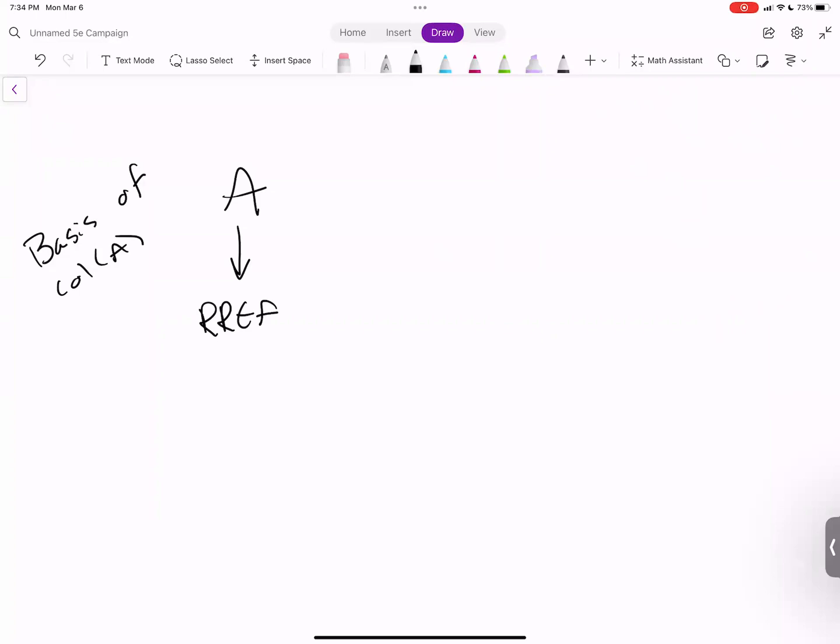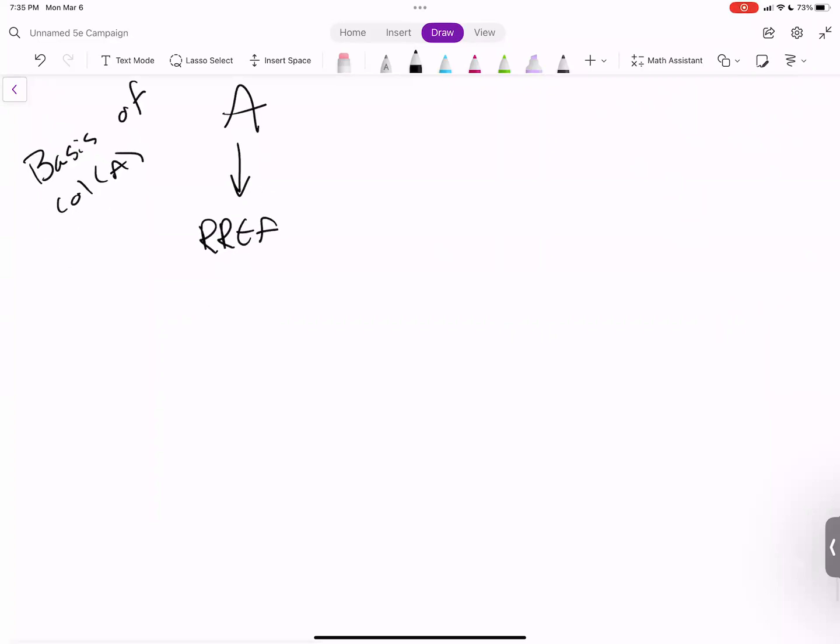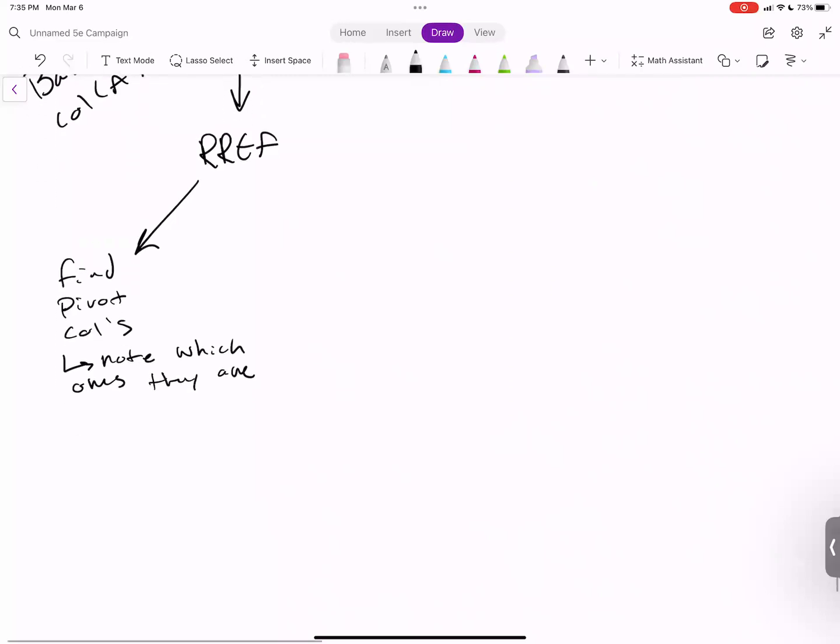So, a basis of the column space of A. To find this, we take the reduced row echelon form and find pivot columns. We note which ones they are. Say I reduce and I have a pivot in column 1, column 2, and column 4.